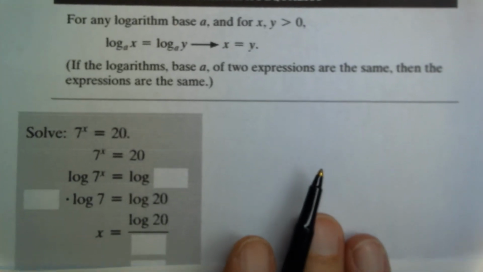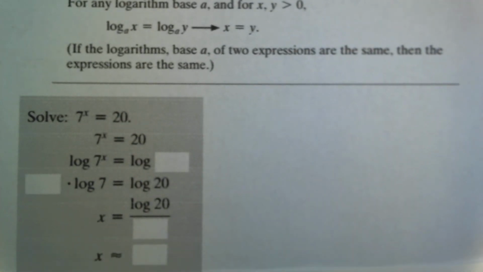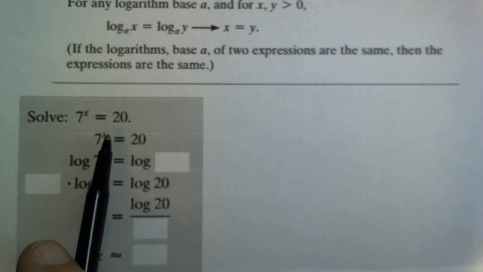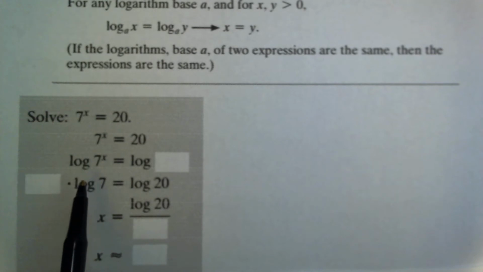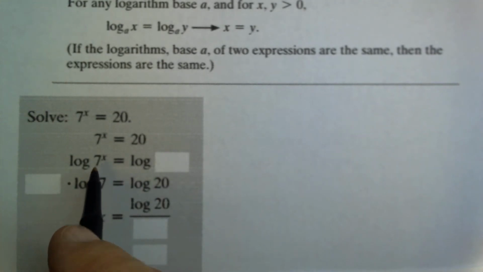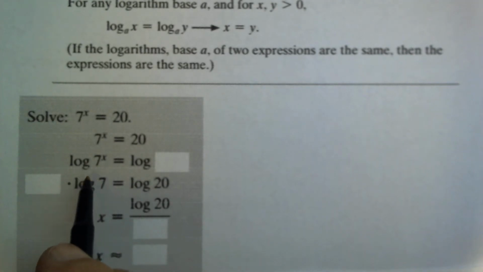where we have 7 to the x equals 20. So we take the log on both sides, and of course we have the common log base 10.